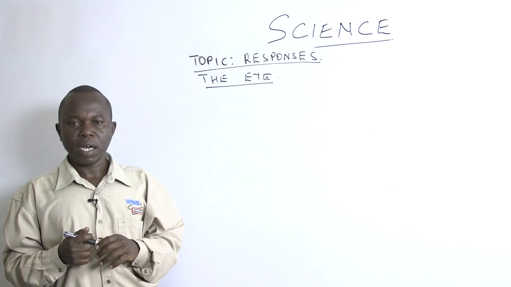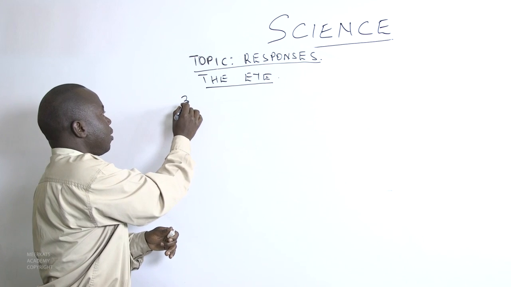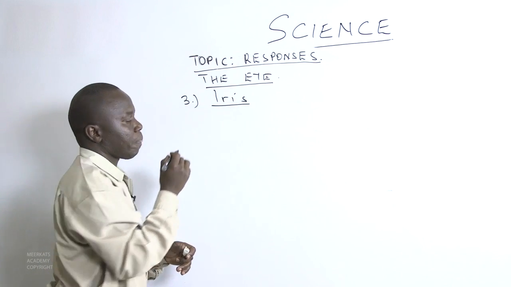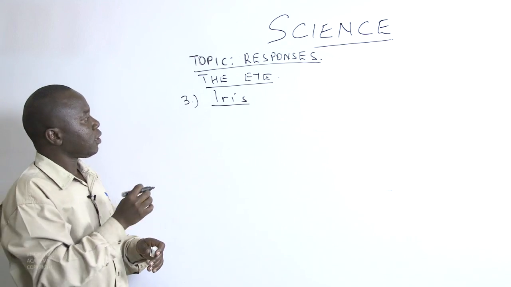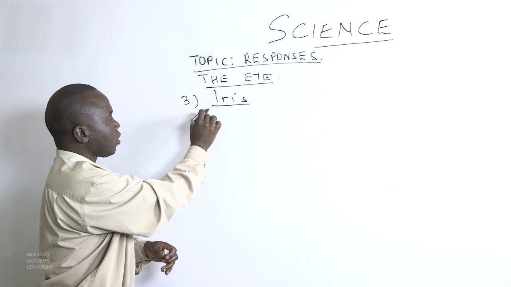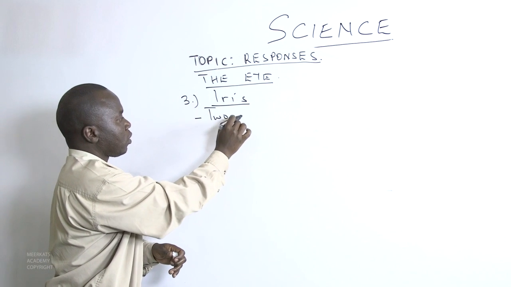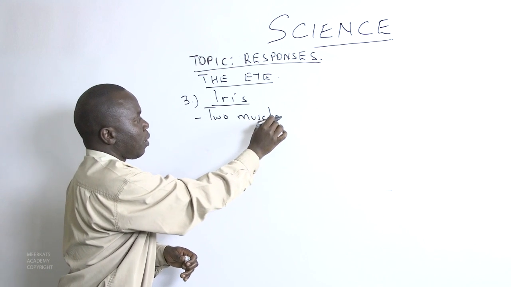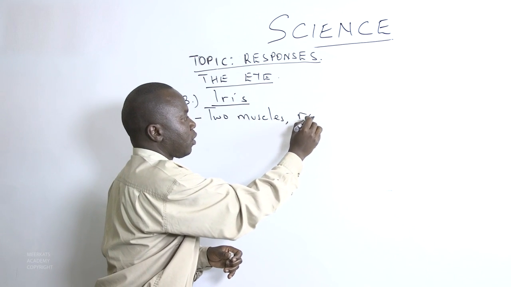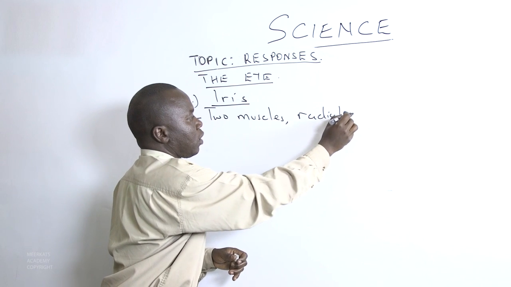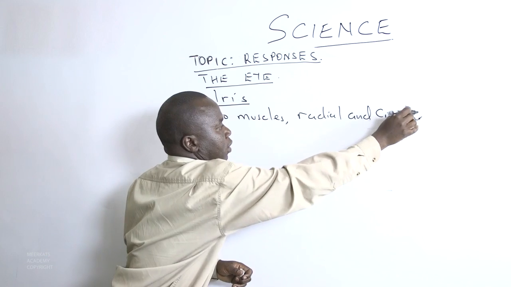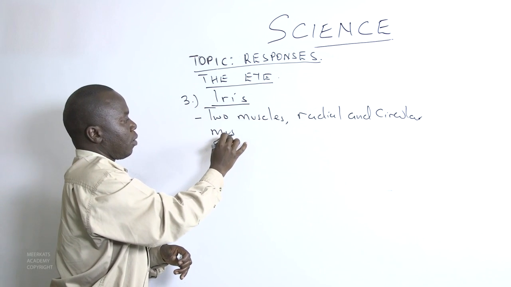So we were to look at other structures. We looked at the iris. The third part is the iris. Iris is made up of two muscles, which are radial and circular muscles.